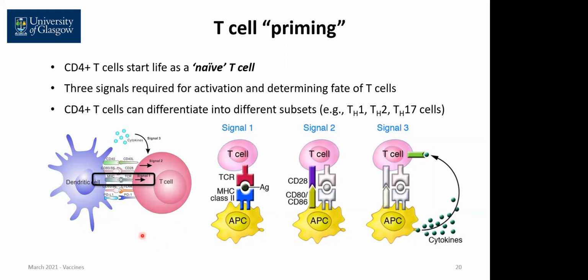So the first signal is signal 1, and this is the specific recognition of that antigen by the T cell receptor. Signal 2 is where you have co-stimulatory molecules essentially interacting with their specific receptors on the other cell type.